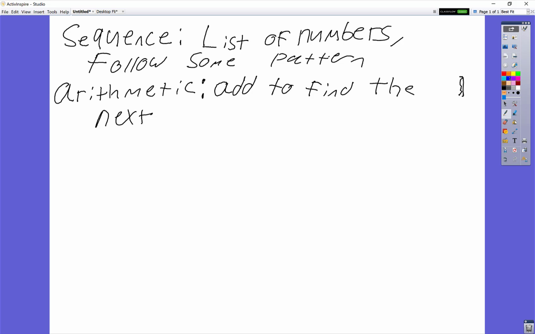So an example of this could be, let's say we have our term number and our term value. So our term number could be the first term, the second term, the third term, and we could have 4 plus 3 is 7.